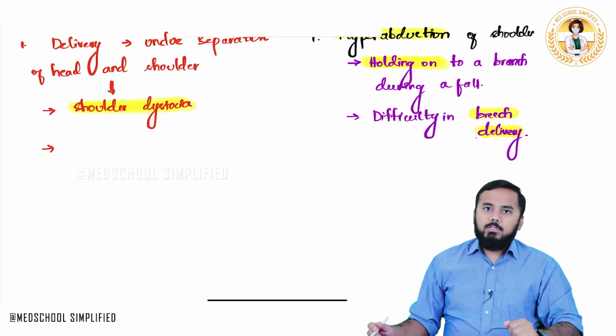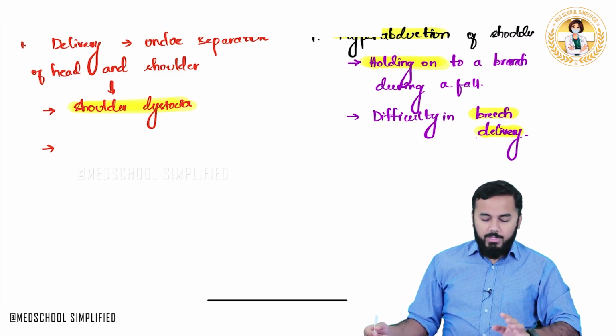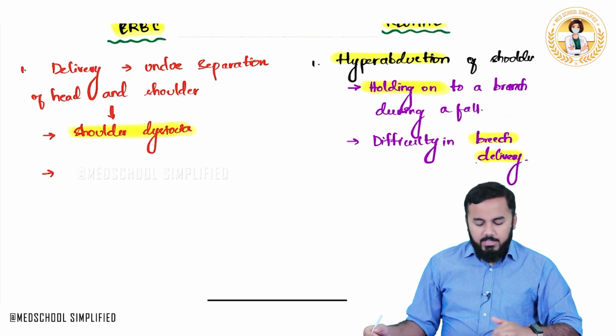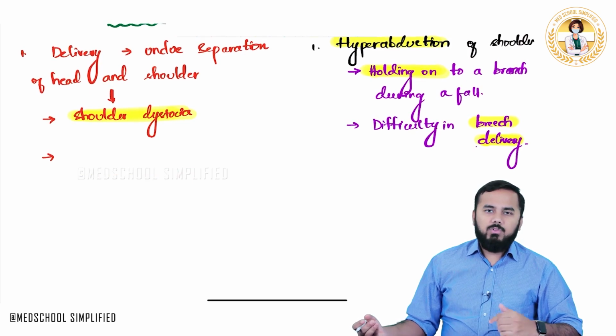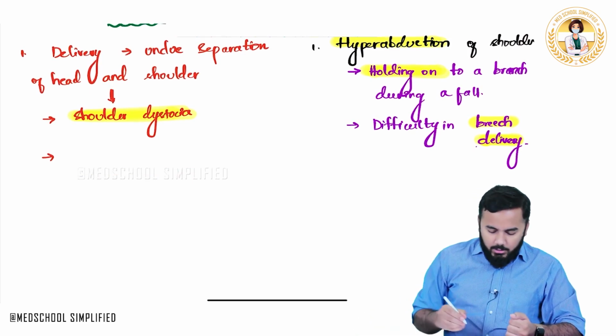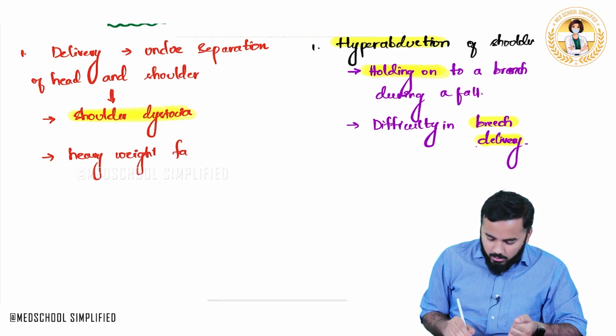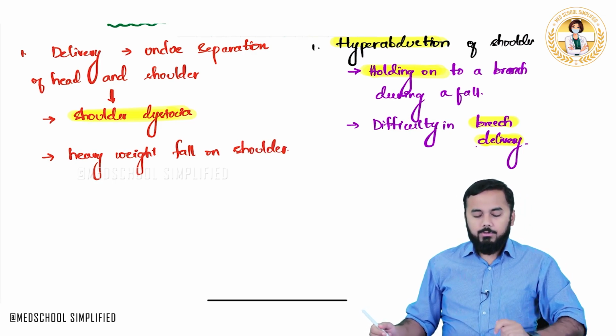Even in that case I will have a problem with the C5, C6 trunks of the brachial plexus, which will lead to Erb's palsy, right? So a heavy weight falling on the shoulder also will lead to this.